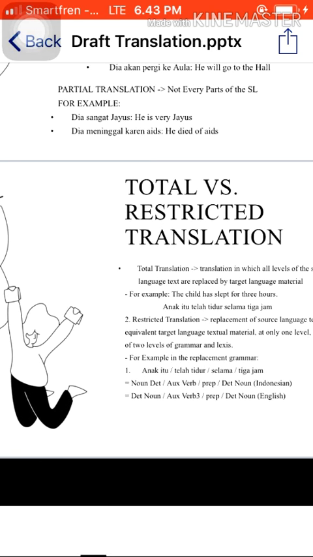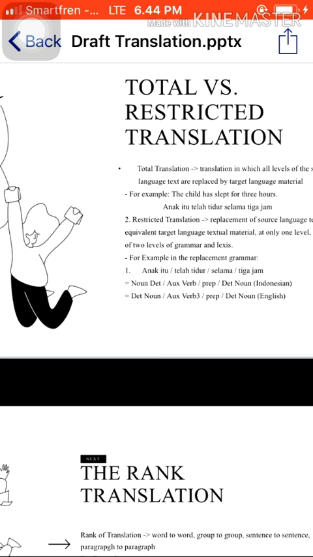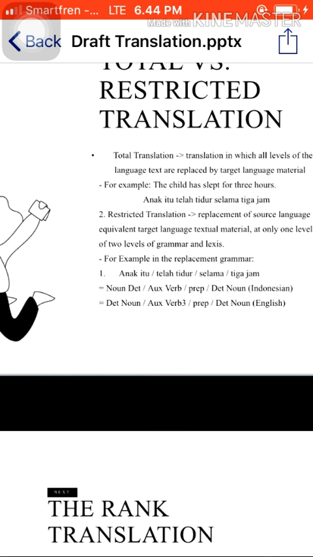In this PowerPoint the example of replacement of lexis is not shown, but the sentence is like that: Anak itu telah tidur selama 3 jam.